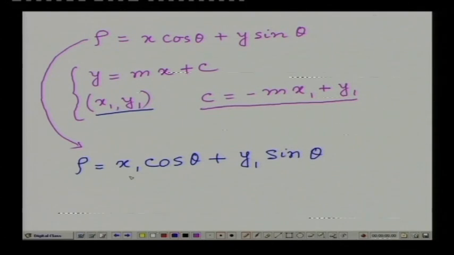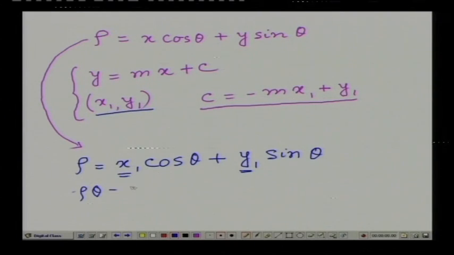So, here you find that this x 1 and y 1, these two are constants for a given point x 1 y 1 in the parameter space, whereas the rho and theta, they are variables. So, a particular point in the spatial domain is now mapped to a sinusoidal curve in the parameter domain or in the rho theta space.